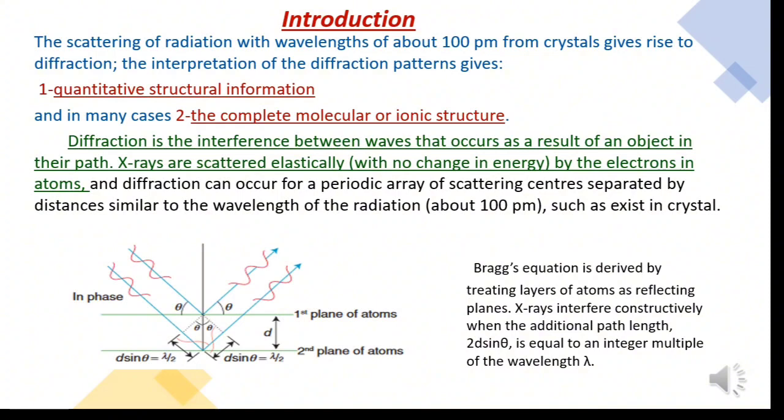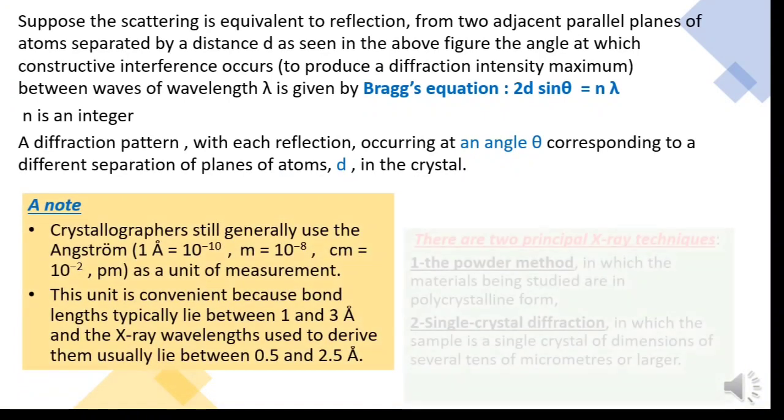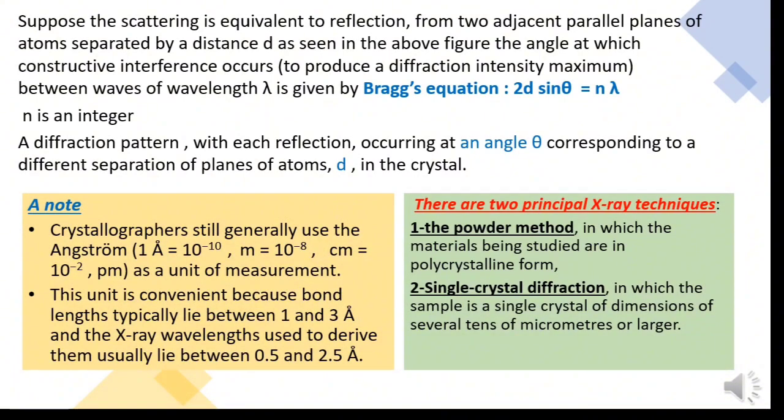This picture shows how Bragg's equation is derived by treating layers of atoms as reflecting planes. X-rays interfere constructively when the additional path length, 2d sin theta, is equal to an integer multiple of the wavelength. Suppose the scattering is equivalent to reflection from two adjacent parallel planes of atoms separated by a distance d, as seen in the above figure.